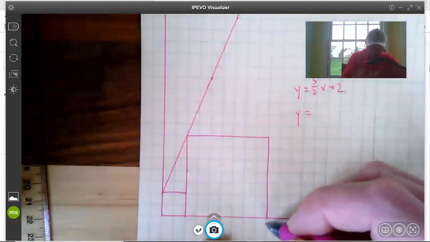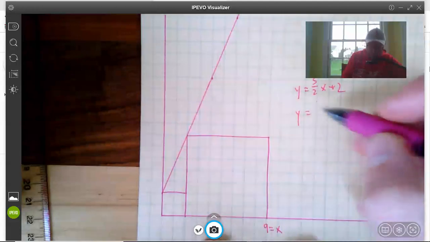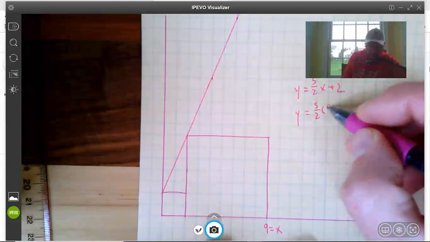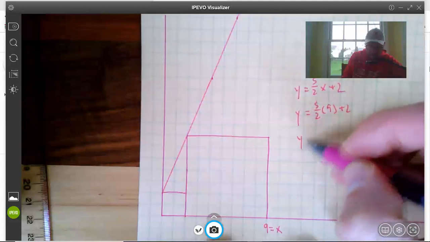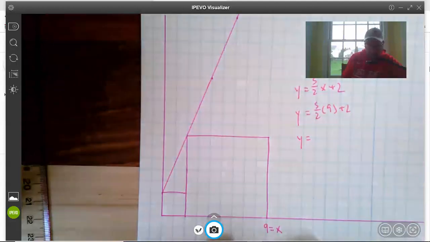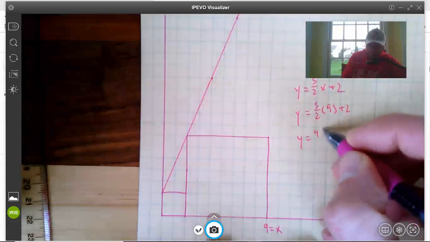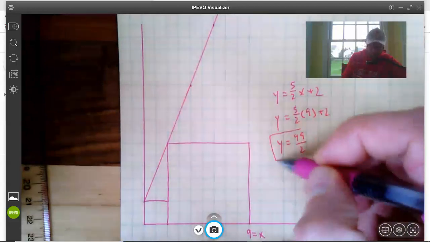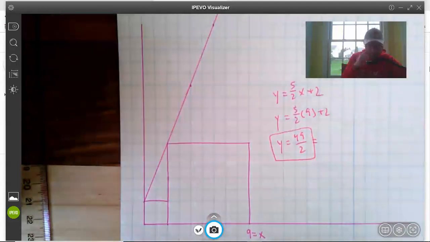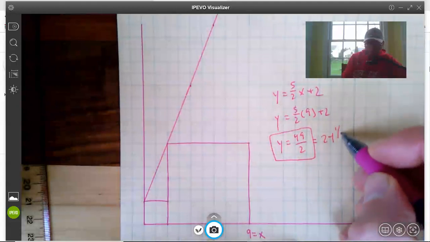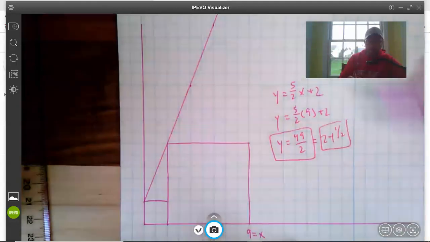Plug in 9 equals 5 halves times 9 plus 2. That's 45 halves, 49 halves, 49 over 2. And that is, by the way, 24 and 1/2. So that's the size of the next square.